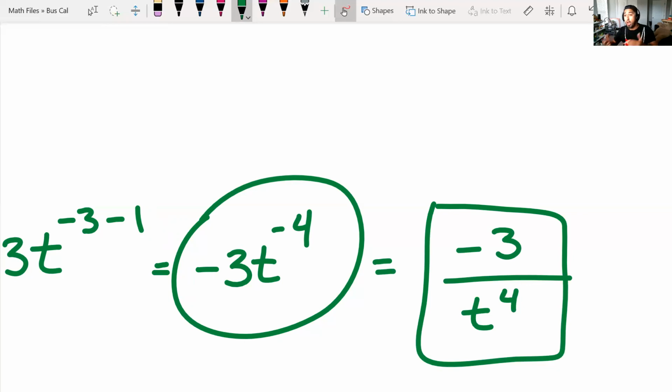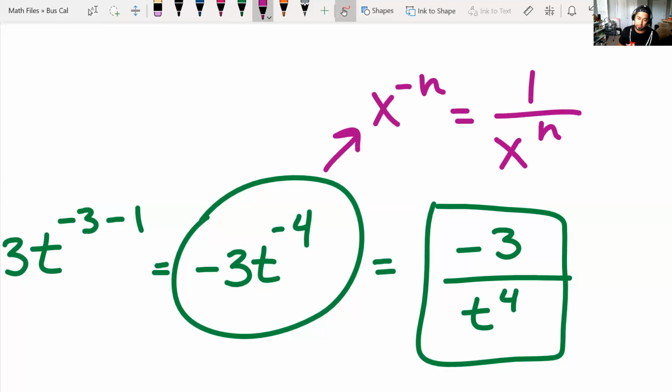Just know how to rewrite these in case it asks you to. All I used for this one was that negative exponent rule of x to the negative n equals 1 over x to the n. That's all I did. So just be prepared for that if it asks you to rewrite it.